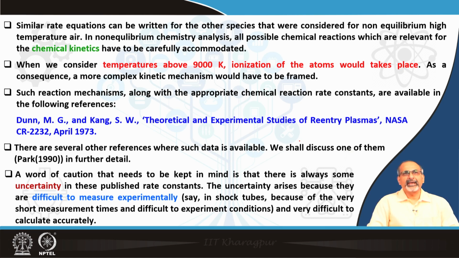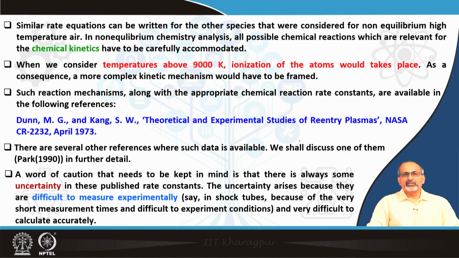So, like we did for NO, we can write similar rate equations for the other species that were considered for non-equilibrium high temperature air, and in non-equilibrium chemistry analysis, all possible chemical reactions which are relevant for the chemical kinetics have to be carefully accommodated or included. They should not be left out, and the rules for choosing chemical reaction equations are also different from what we do in equilibrium chemistry.